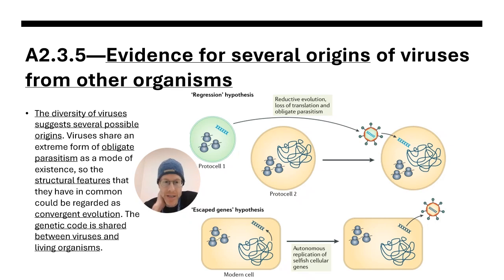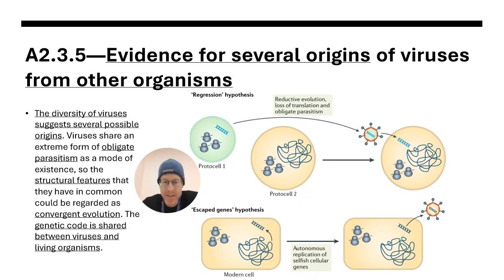Today, viruses are essentially like a parasite. They cannot exist on their own. We sometimes say they are an obligate parasite, so that's their only way of existing. There are a couple of theories about how they evolved. One is that they evolved from fully functioning independent cells that regressed or that lost function.